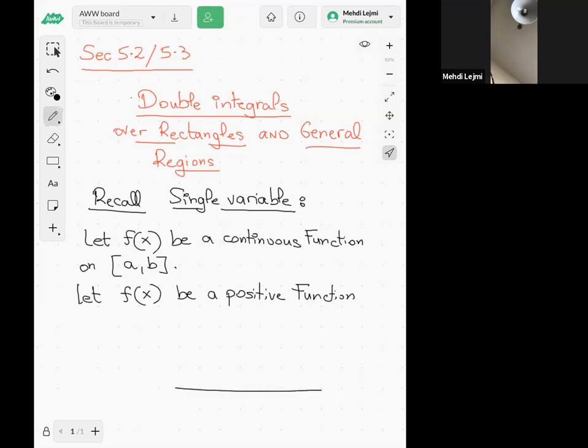Right. So you have this interval AB. Here's my A. So this is your number line. You have your A, you have your B, and you have your function f, a continuous function f over this interval AB. And we suppose that this f of x is positive. So here's my function f of x on the interval AB.